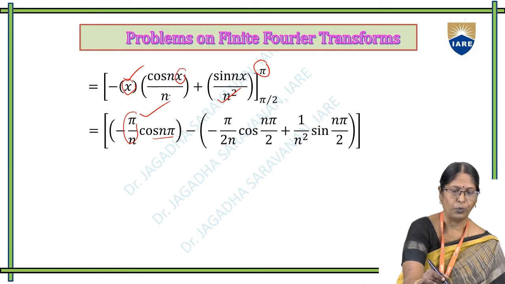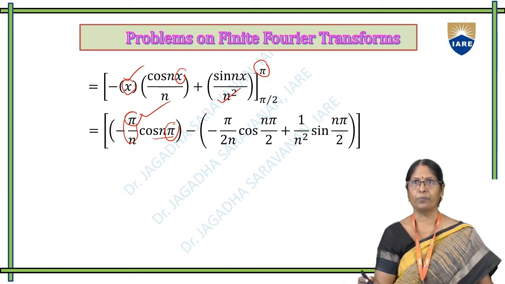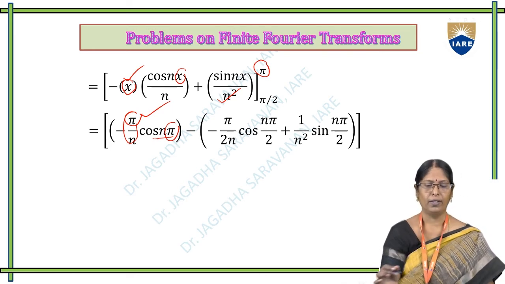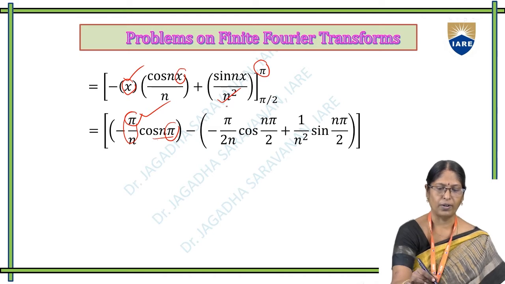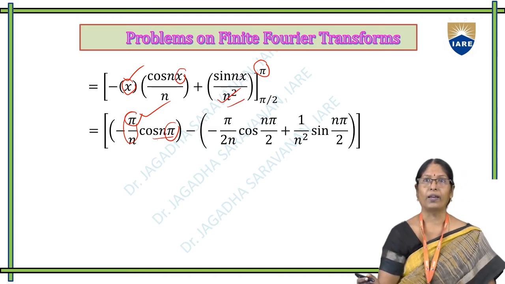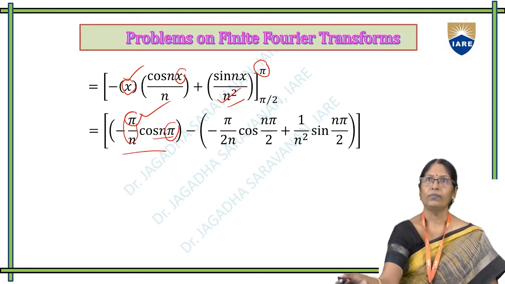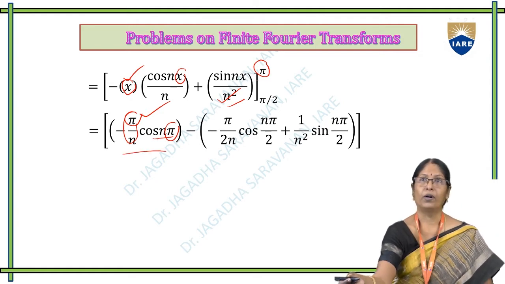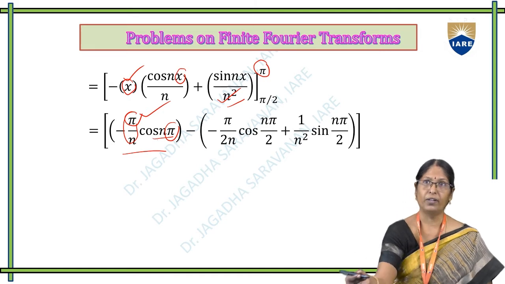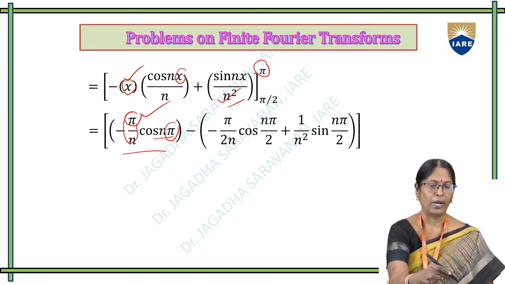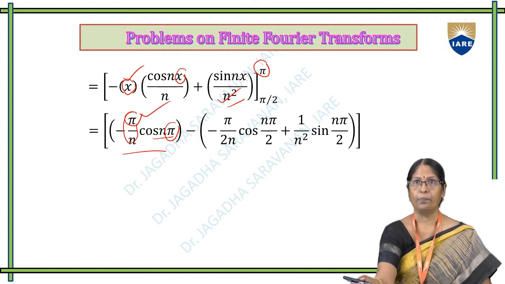The two places where we substituted the upper limit, only one term is there. The second term is not written because sin n pi, the value is 0. So with the upper limit we employed here, it is written minus pi by n cos n pi.